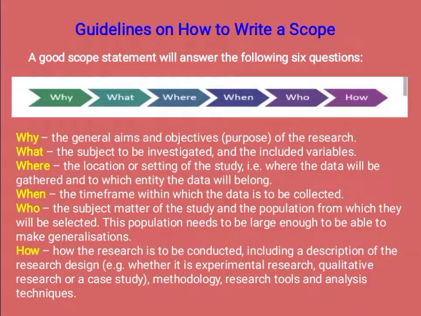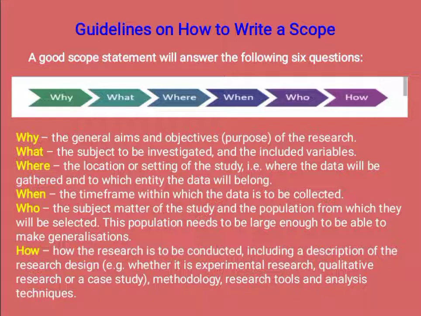So guys, we have here the guidelines on how to write scope. A good scope statement will answer the following 6 questions: the why, what, where, when, who, and how. So the first is the why.